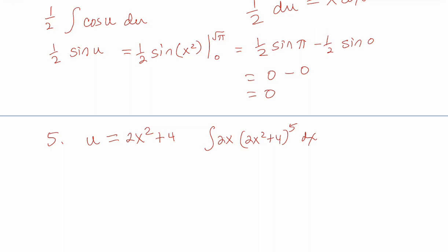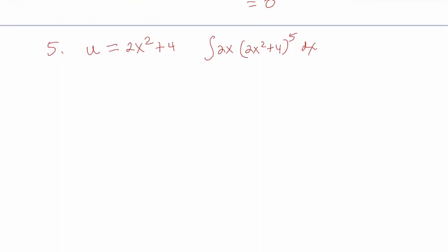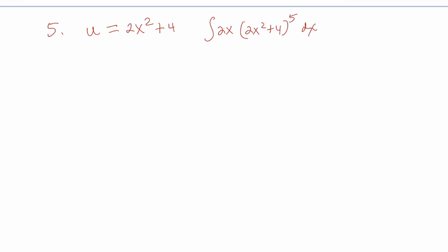Okay. So we know what the u is for this one. So if we know what the u is, that's going to be this right here. That's where the u is going to be. So we need to know what 2x dx is equal to, because 2x dx is the only other thing left in the problem.